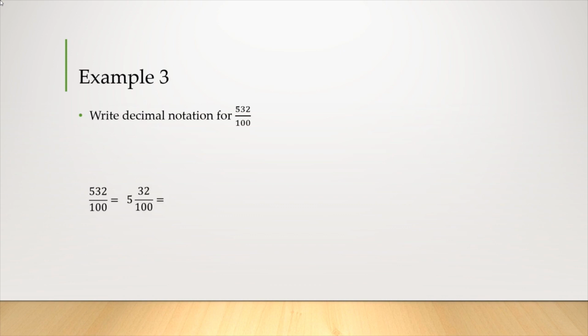So that would be 5 and 32 hundredths. Why do that? Because if it's larger than the number on the bottom, it's going to be the whole number portion of the decimal. It's going to be in the ones place or whatever. So it'd be 5.32 or 5 and 32 hundredths.